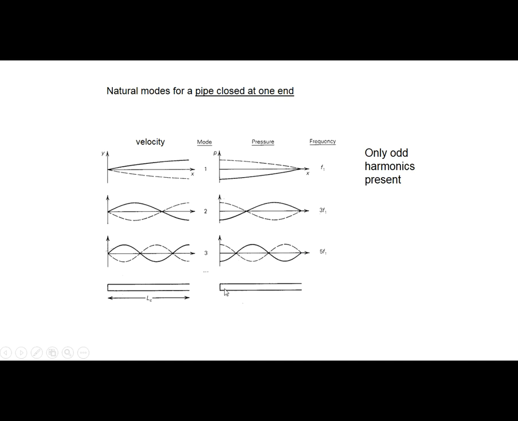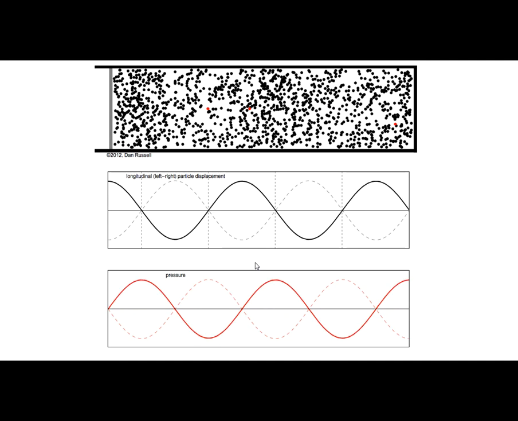And so when we try to do this, we can create a standing wave that has a certain number of quarter wavelengths fit in. So here's an animation that helps us think about what's going on. If you look at the pressure graph at the bottom, for this red dot right here, it has maximum compression, maximum rarefaction, maximum compression, maximum rarefaction.